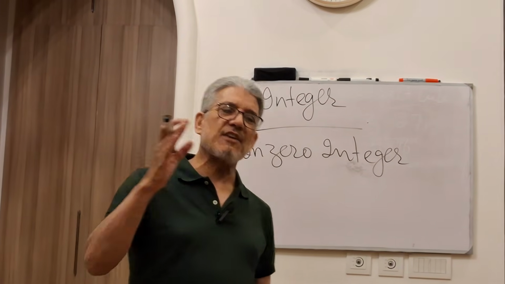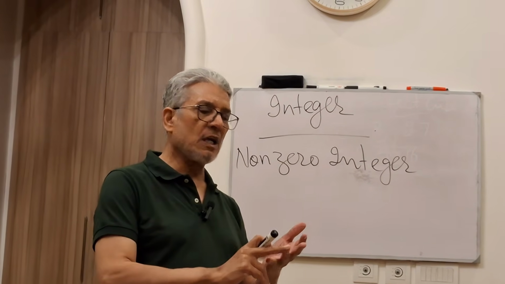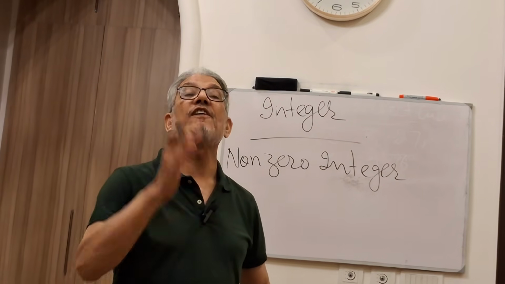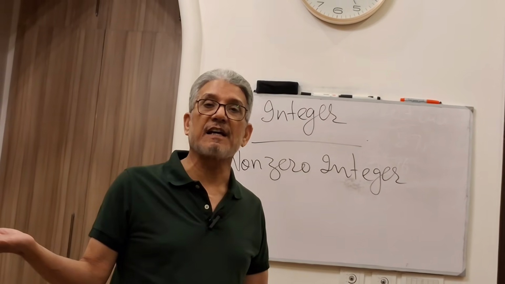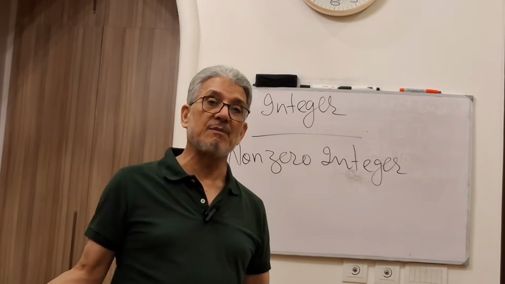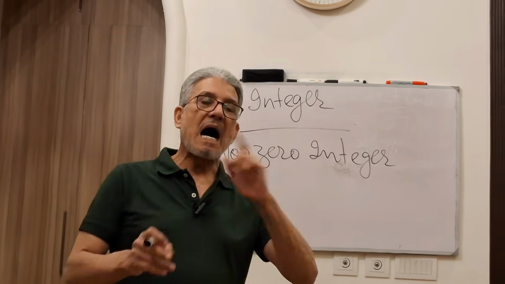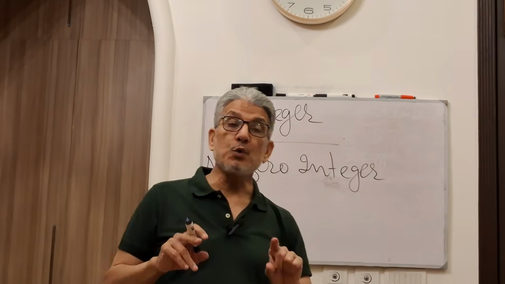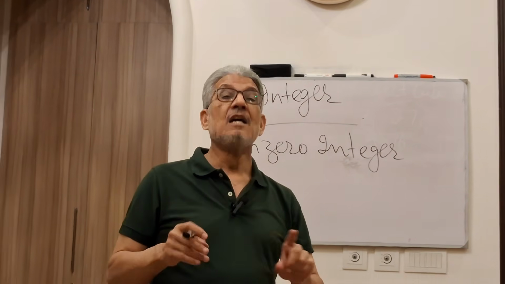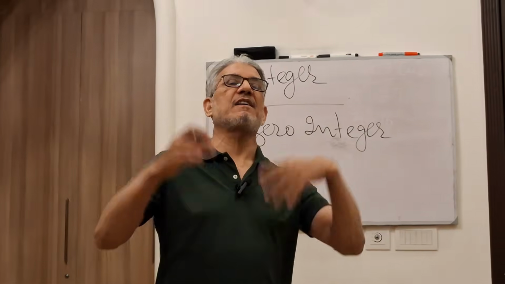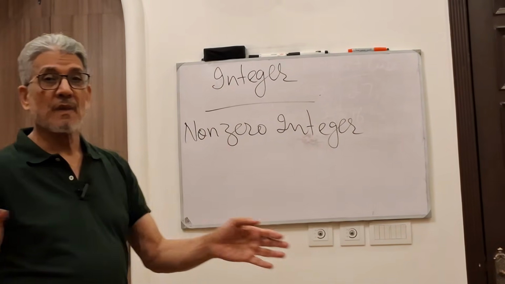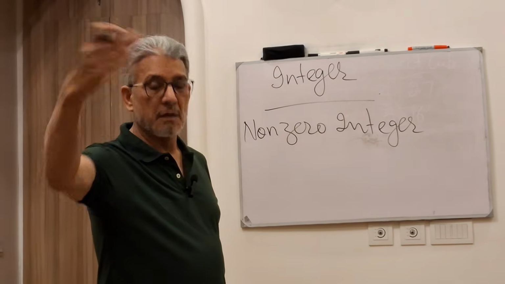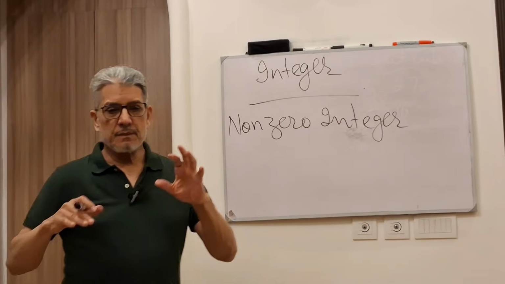And what is additional in rational numbers? Natural numbers, whole numbers, and integers are rational numbers. But what is additional, I have told you: fractions and decimals. In integers, you do not have fractions or decimals. So decimals and fractions are additional things in rational numbers, and also square roots of perfect squares, cube roots of perfect cubes, fourth roots of perfect powers, which can be calculated to give a whole number answer.